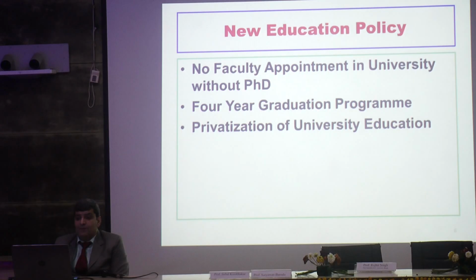National Education Policy has also provided some support to the knowledge economy. One concept is the privatization of university education. Within Haryana, there is a university known as Ashoka University for social sciences. People who are either intelligent or have a lot of money choose that university.